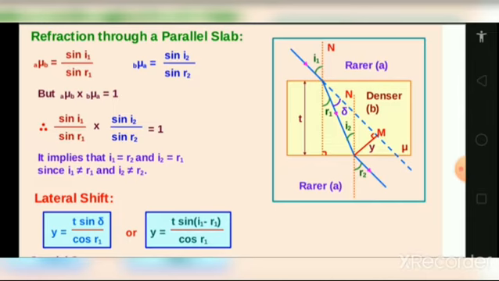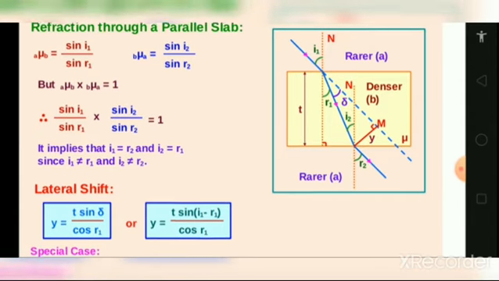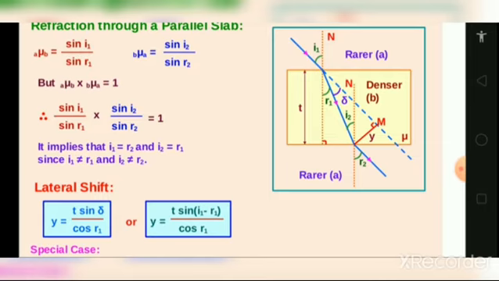In another way, you can say that n21 is equal to v1 upon v2, that is, 1 upon n21 is equal to v2 upon v1 is equal to n12. So at last you can say that n21 multiplied by n12 is 1.